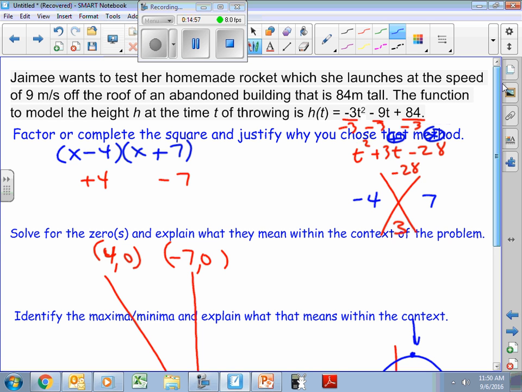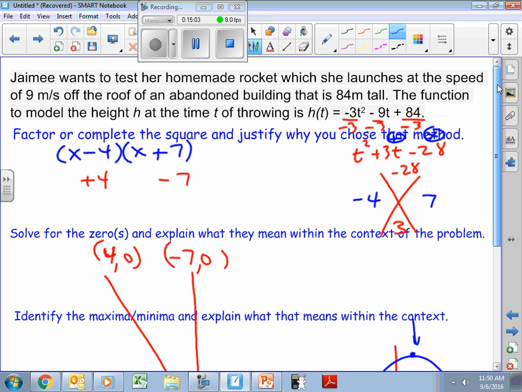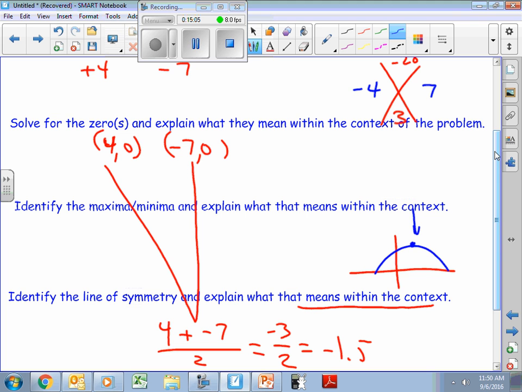T is time. The zeros in this case are the time when the rocket hits the ground. This is just in case somebody wants a 4. You don't need this.